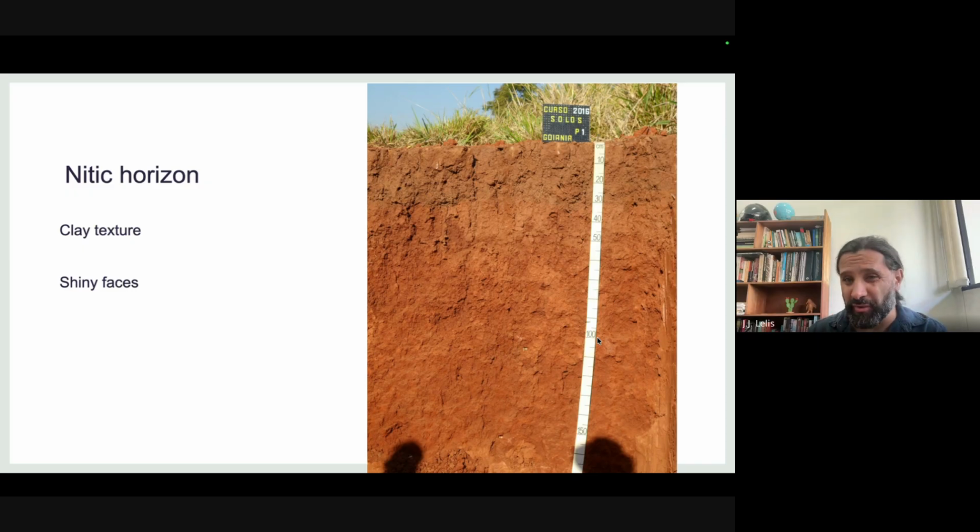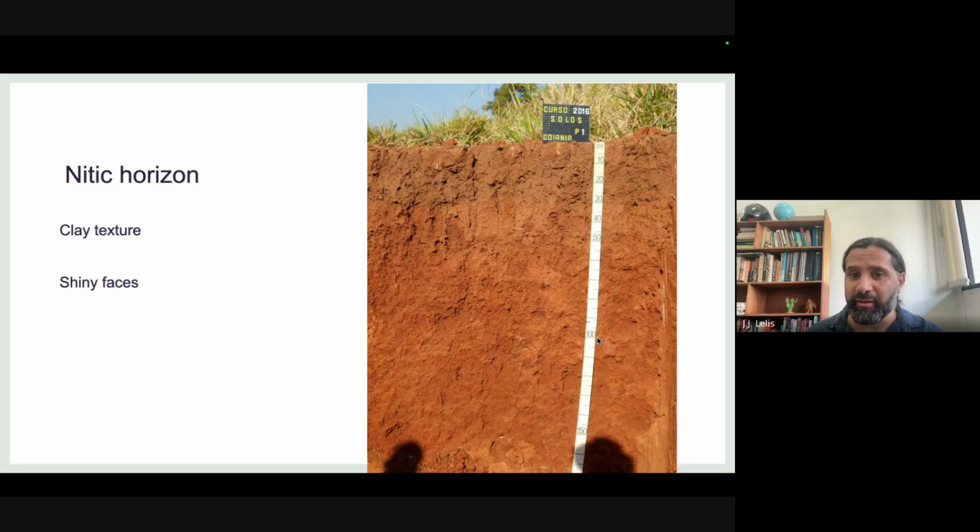And because of this orientation, we have these clay skins. Also, some people say that Nitic horizons are more connected to mafic materials, for example basalts, gabbro and other rocks that are quite rich in mafic minerals that can be easily weathered.